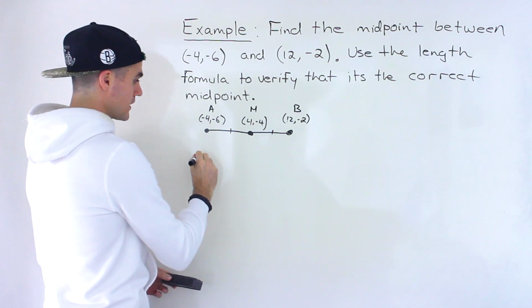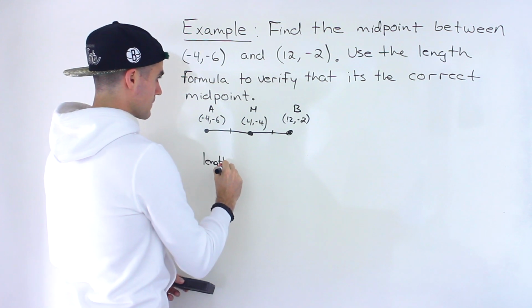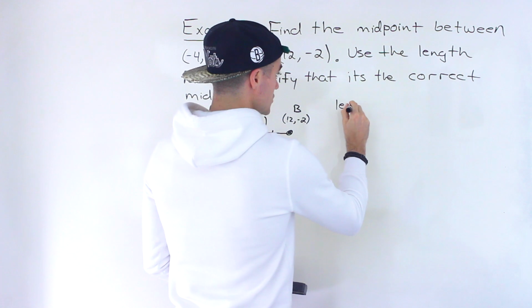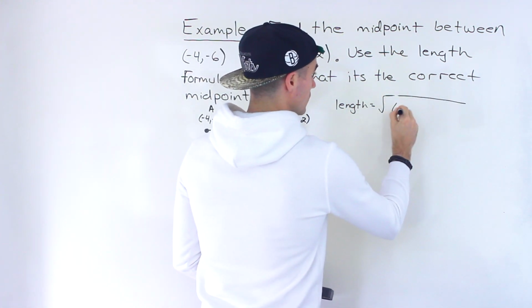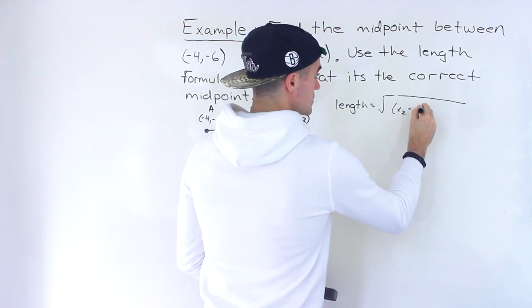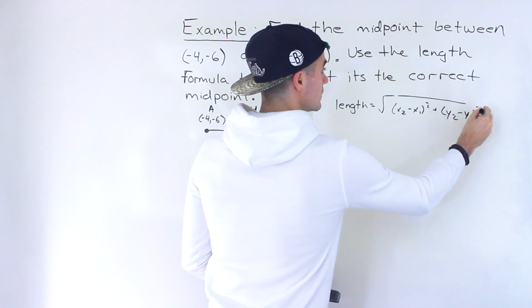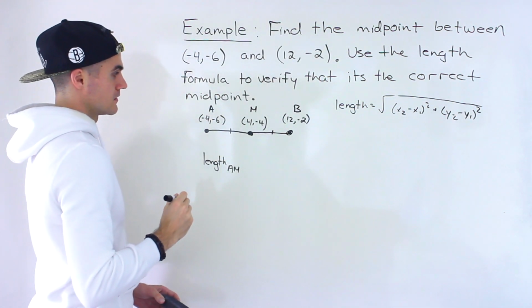So let's start off getting the length of AM. Now, just the length formula in general, what's that equal to? Well, it's the square root of (x2 minus x1) squared plus (y2 minus y1) squared, like that.